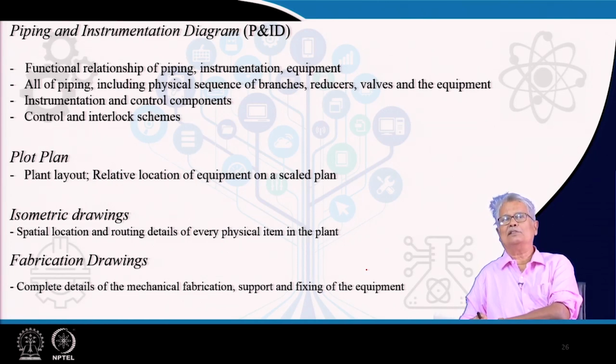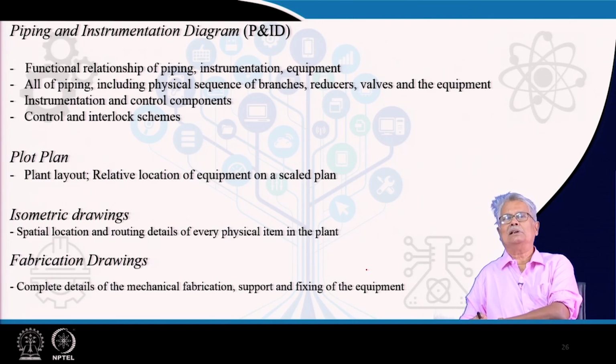The control and instrumentation components are definitely shown here, and this gives us an idea of exactly what parameters are controlled, what parameters are measured, what the relationships are between the different individual equipment, and how material flows from one equipment to the other through the pipes.